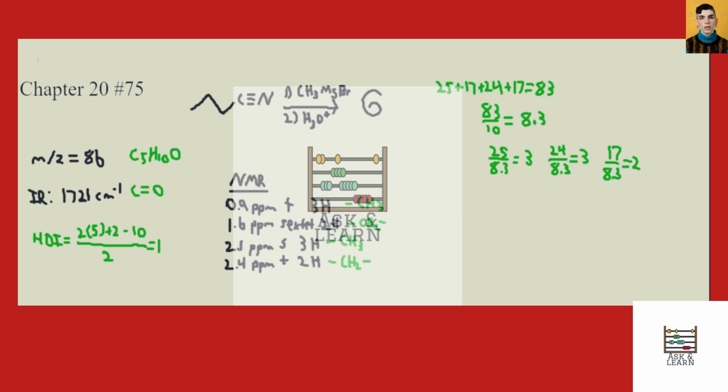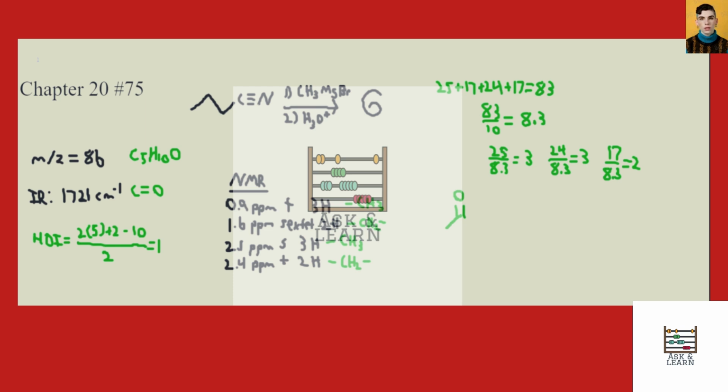Let's start with the carbonyl, I suppose. So here's our carbonyl. I'm going to put our second methyl group, our third signal, to one side of the carbonyl. That makes sense because it's pretty deshielded at 2.1 ppm, an acceptable chemical shift for a methyl group alpha to a carbonyl, alpha to a ketone.